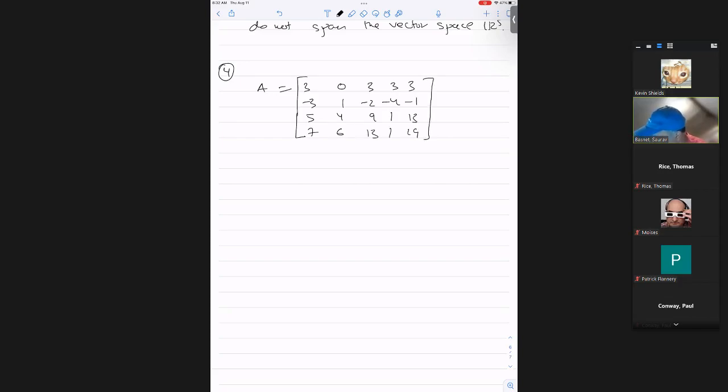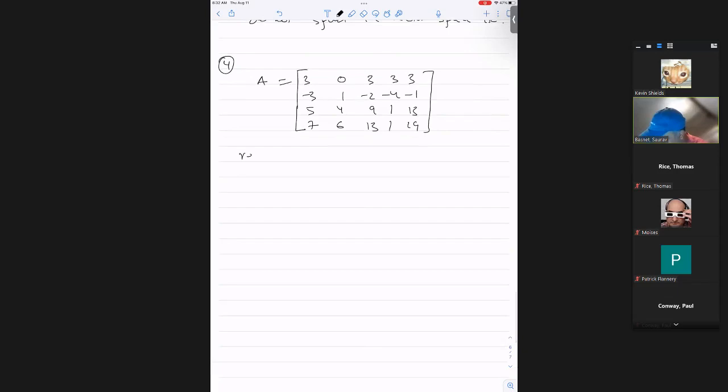This is our matrix, and our row reduced form is, let's say, B: 1 0 1 1 1, 0 1 1 minus 1 2, 0 0 0 0 0, 0 0 0 0 0.